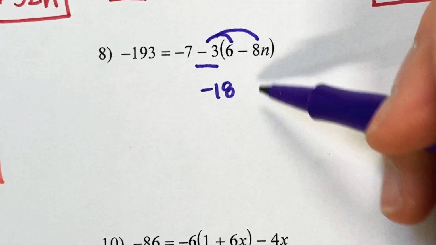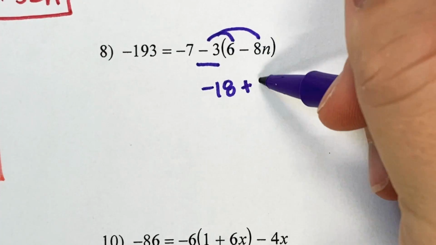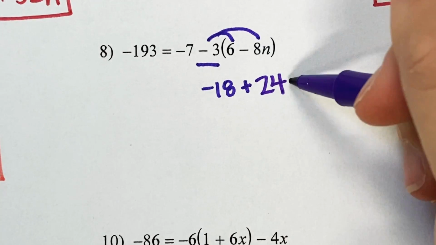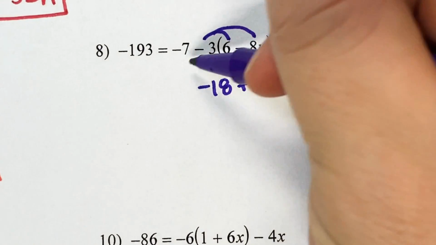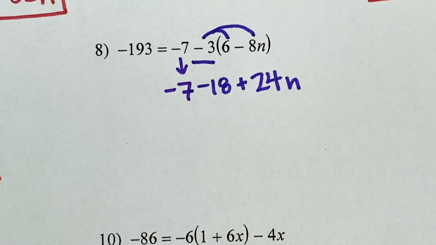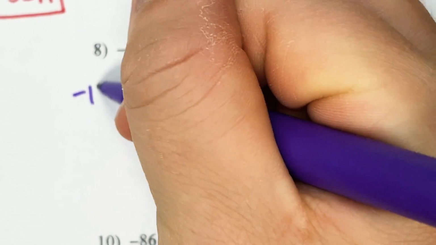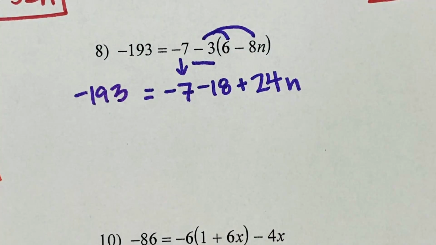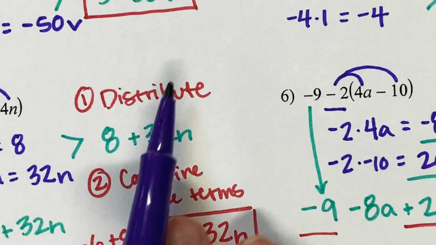So we have a negative times a negative. It's going to give me a positive. 3 times 8, 24, and 1n. So now, once you've distributed, you can bring down that negative 7. Equals negative 193.